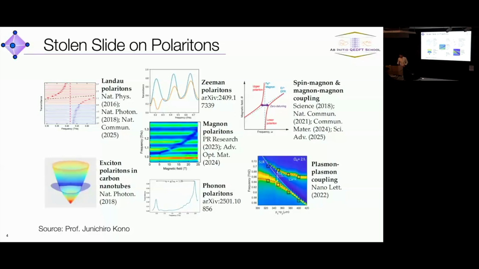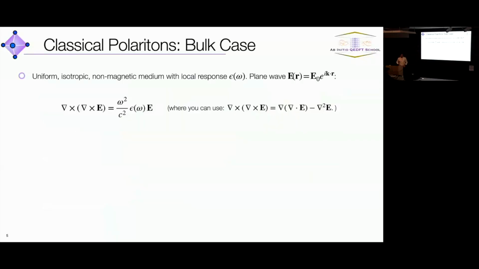Okay. So now, the first step is to understand how we can get them from classical physics. Because if we are satisfied with the classical treatment, why do we need to do quantum? Let's consider the case of a bulk material, and how an electromagnetic wave propagates in this bulk material. What you have to solve, and this you have seen already a bunch of times, is this Helmholtz equation.